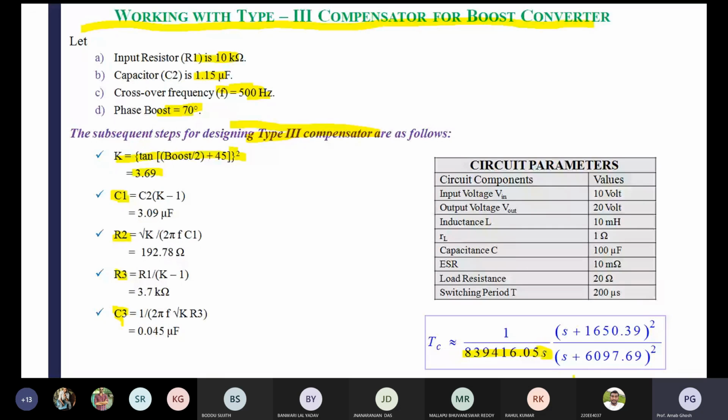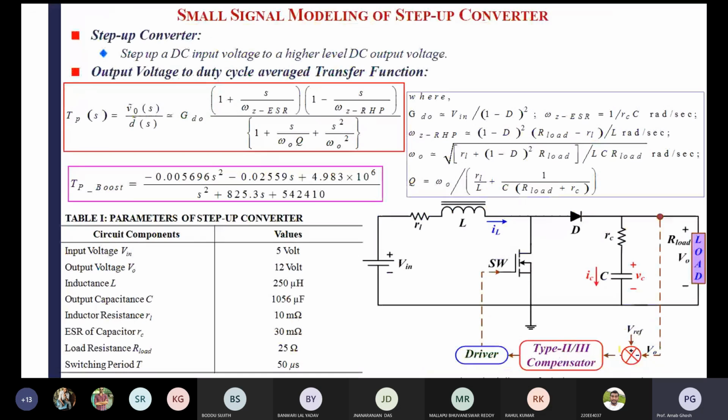Then you know the small signal modeling of the boost converter, so I am not going to discuss this again. From the small signal analysis, this is the generalized transfer function of the boost converter, the control to duty ratio transfer function, and this is the zero.